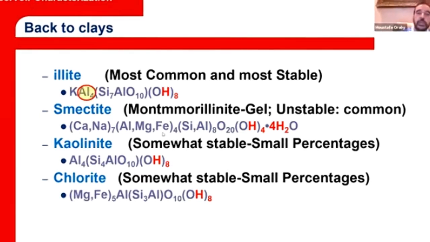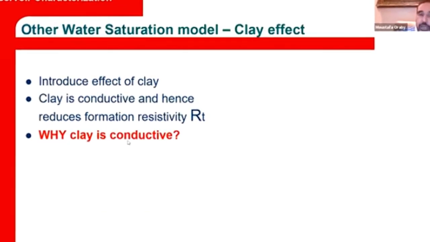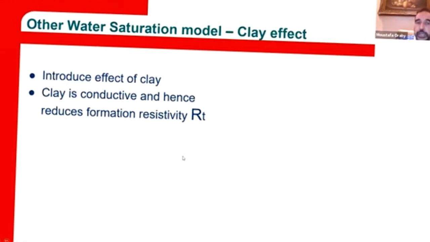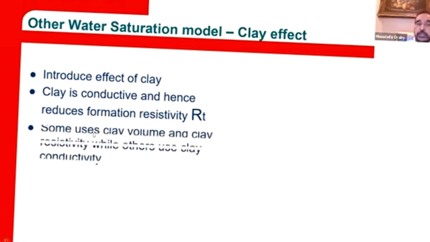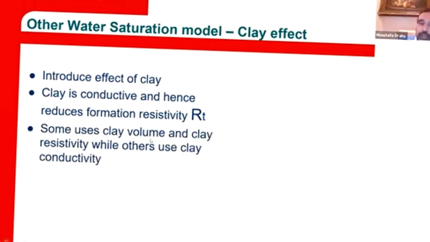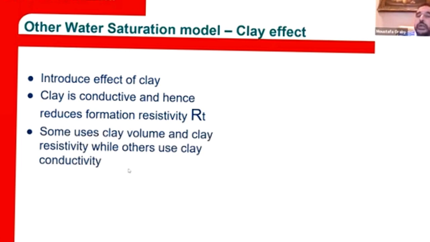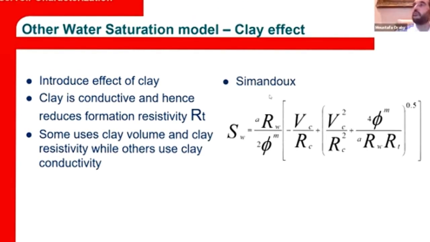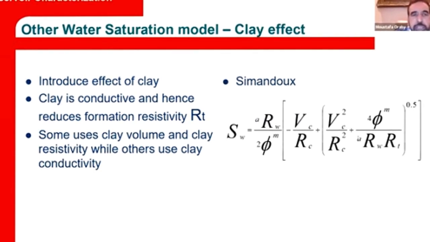So why is clay conductive? Because the water components and the metallic components make them conductive. Some use clay volume and clay resistivity and came up with something like Simandoux. The Simandoux equation tells you, here is my water saturation. Why, Mr. Simandoux, are you different from Archie?